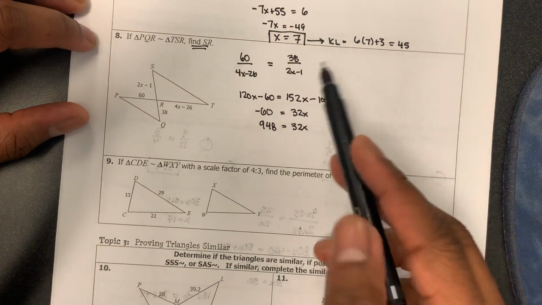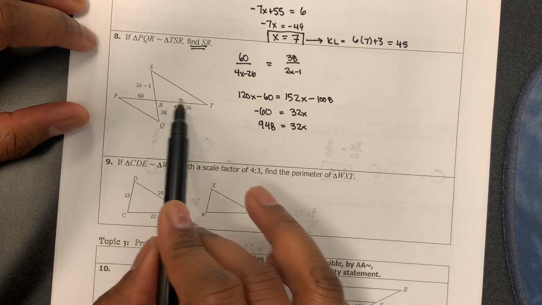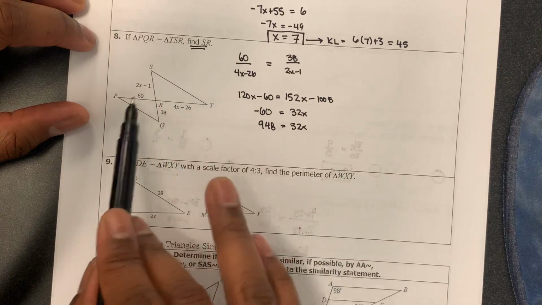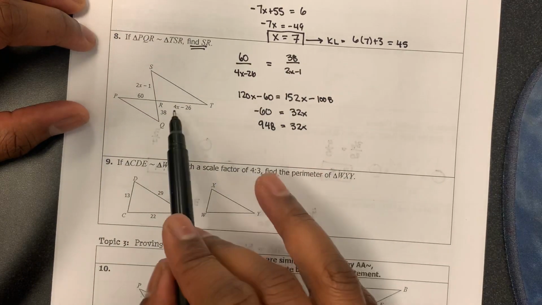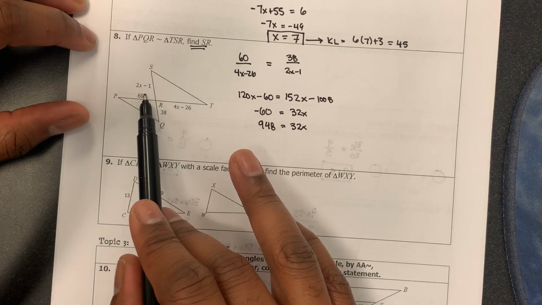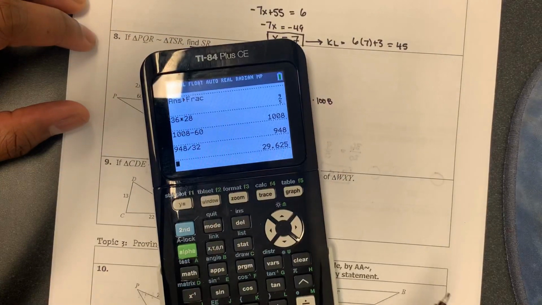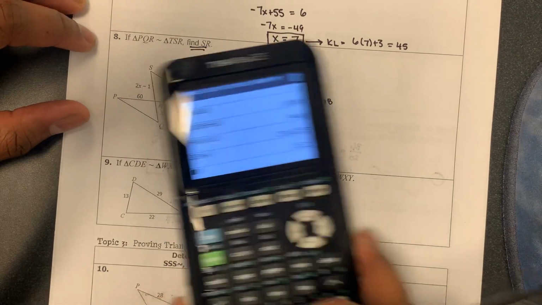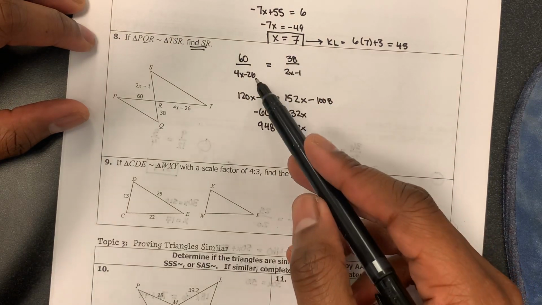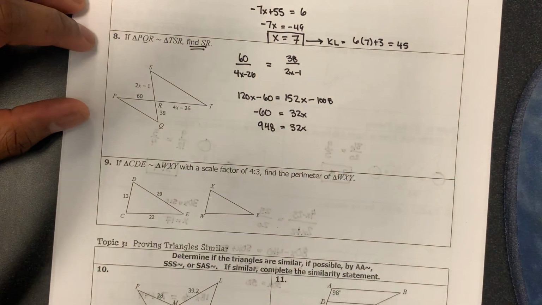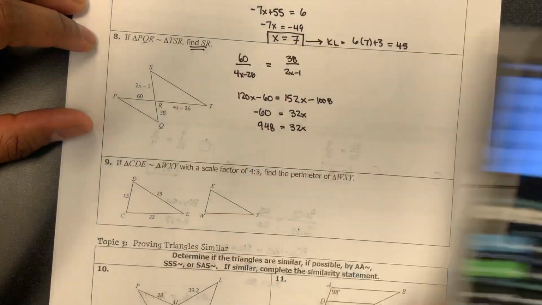That is not right. Let's see, so PR corresponds to TR, 60 over 4x minus 26, and 38 over 2x minus 1. Maybe my math on 38 times 4 is 152, that's correct. 38 times 26. Oh, I did 36 times 28. I'm sorry, 38 times 26 is 988.